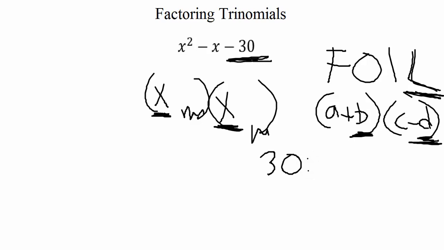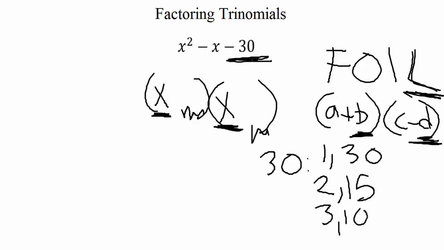Let's list all of our different options. We have 1 times 30, 2 times 15, 3 times 10, and 5 times 6. These are all of the possible combinations of numbers that multiply to give us 30.